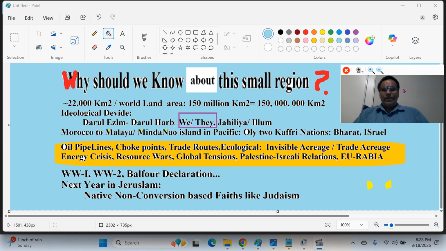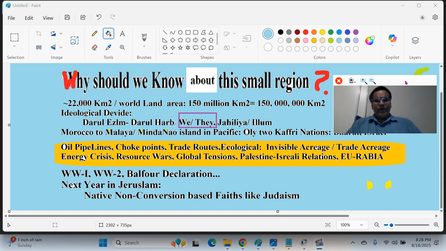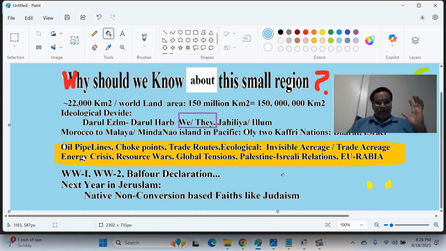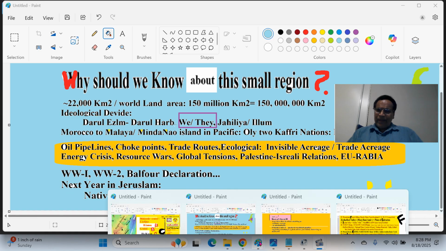After the establishment of the State of Israel, post World War II, new things occurred geopolitically, and it is also close to energy sources and choke points. If you want to understand it very well, you have to know about the land. So I have brought this series so that it will be very helpful to you.